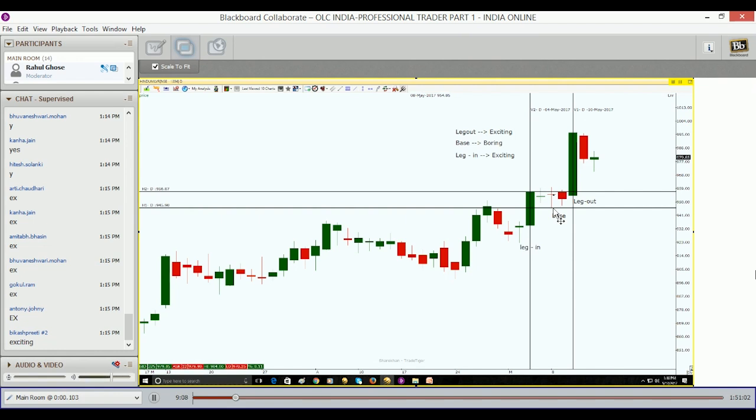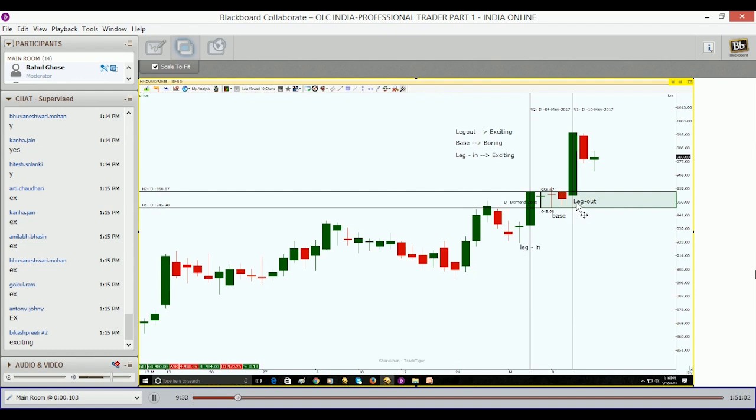Then I select the demand zone tool, and between the lowest wick of the lowest base and the highest body of the highest base, I mark my demand zone.